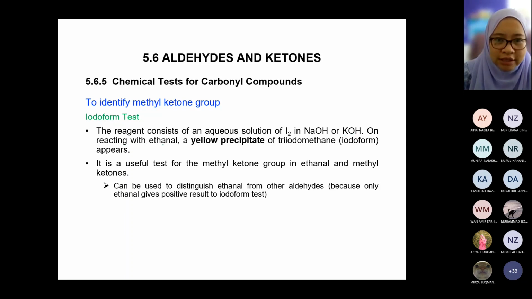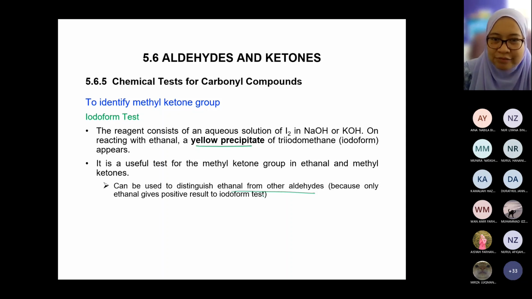On reacting with ethanol, a yellow precipitate of triiodomethane appears. Yellow precipitate. It is a useful test for the methyl ketone group in ethanol and methyl ketones. It can be used to distinguish ethanal from other aldehydes, because only ethanal gives a positive result to the iodoform test.